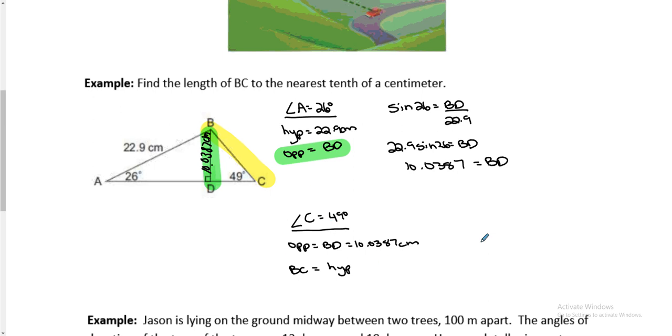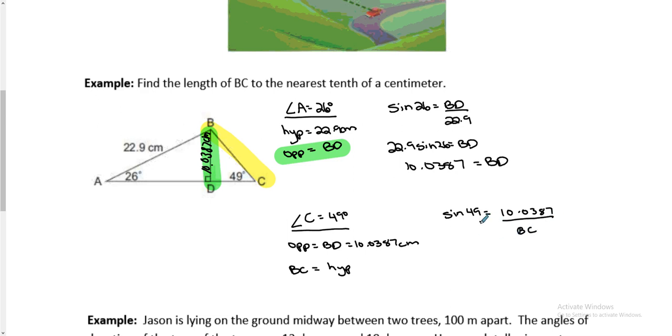So we're going to reverse order this using sine. So sine 49 is equal to 10.0387 all divided by BC, the hypotenuse.